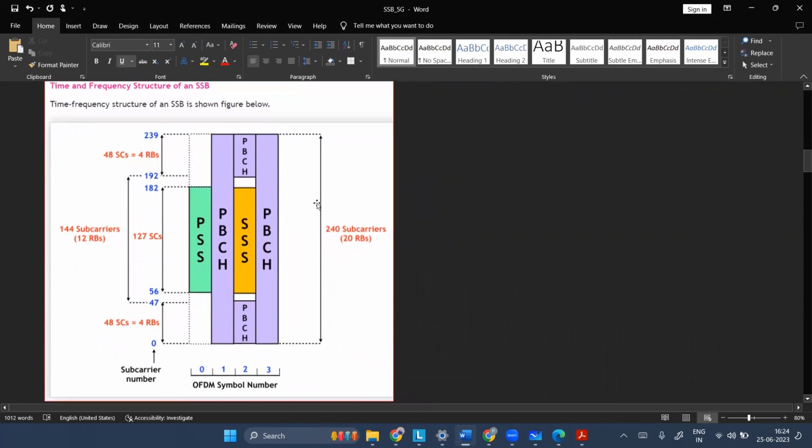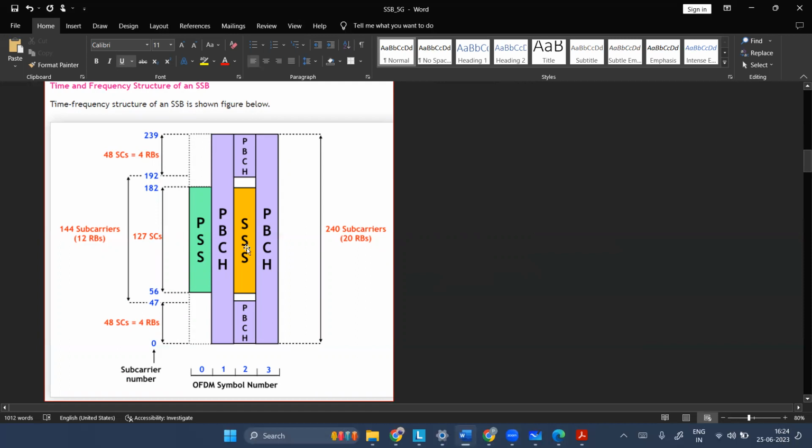If you see here, it is in the time domain. Looking down, OFDM symbol numbers 0, 1, 2, and 3. And in the frequency domain, this is 240 subcarriers, 20 RBs. The very first OFDM symbol is your PSS, across 127 subcarriers. Then you have PBCH across 240 subcarriers.